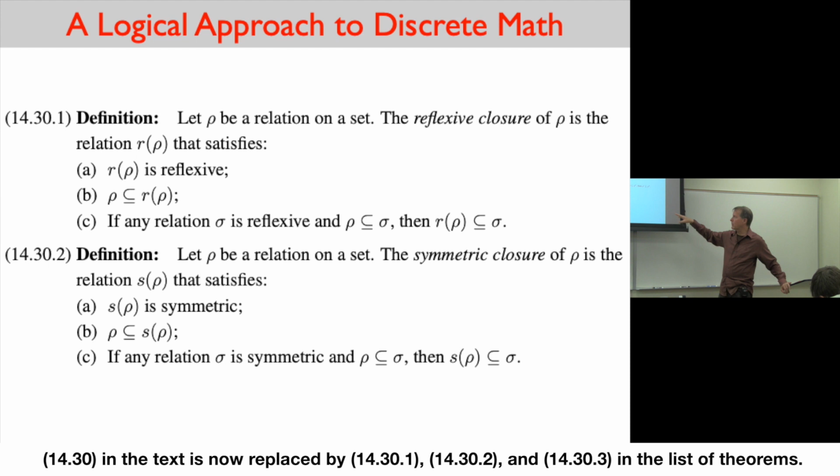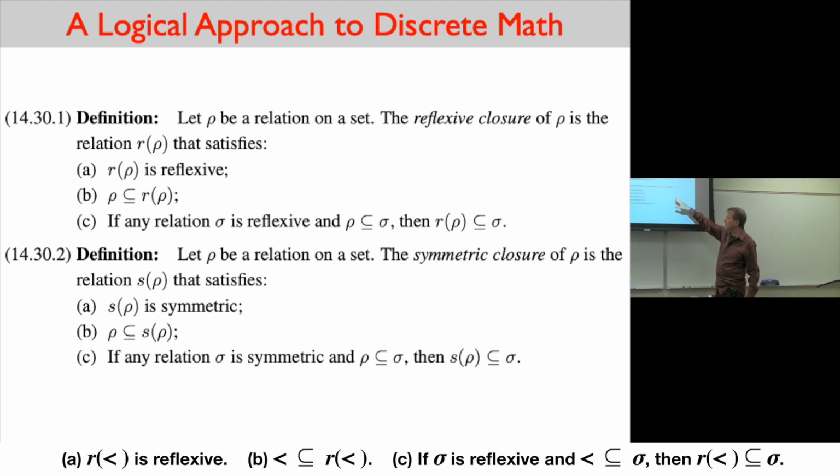Then we went through an example of C. If rho prime prime is reflexive and rho is a subset of rho prime prime, then the true reflexive closure, rho prime, has to be a subset of rho prime prime. So rho prime prime would be something that you get by adding more than enough. But the true reflexive one has to be a subset of any one that is reflexive. Okay?